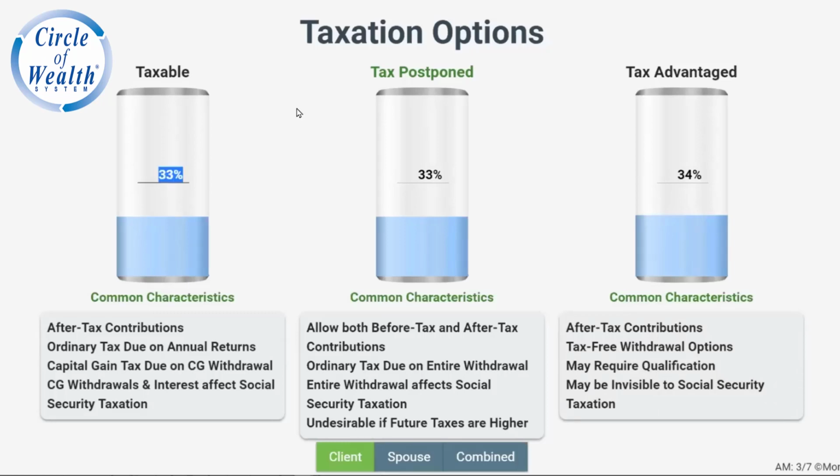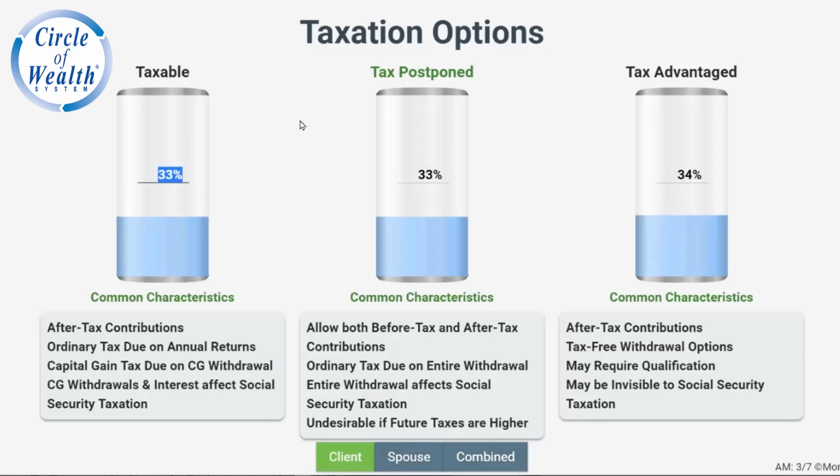The way I go through this with folks is I would say, if you could wave a magic wand in a perfect world, understanding where we're at currently with the tax base and where things are moving forward, and just move the money wherever you wanted, how would you want it to be? Down here, it allows you to go for the client, for the spouse, and then a combined section.